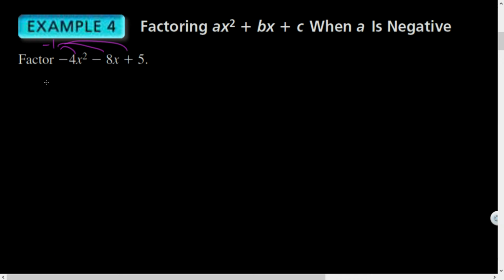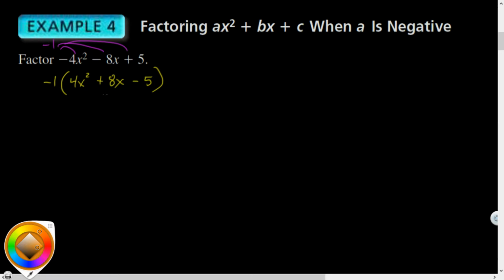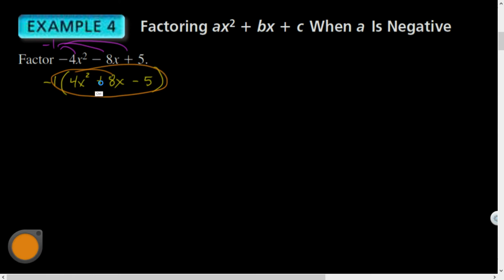So I'm going to write this as negative 1, parentheses, and it's just going to opposite all of these. So it's going to become positive 4x squared, positive 8x, and the opposite of positive 5 is negative 5. All right, so anytime your leading coefficient is negative, just steal a negative from everybody to give it a positive leading coefficient. And now on the inside of parentheses, I'm going to try to factor this further.